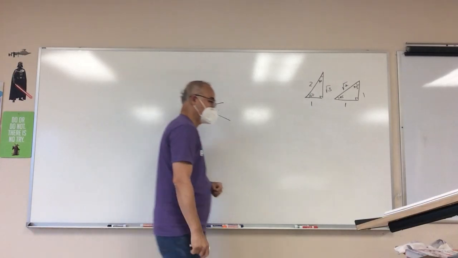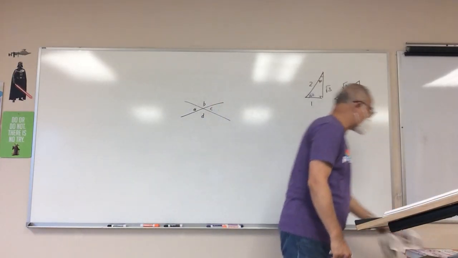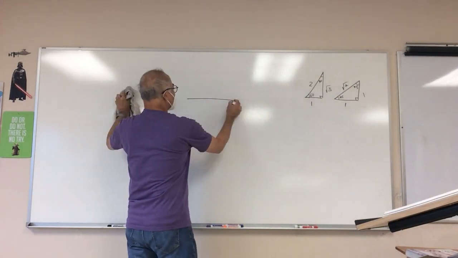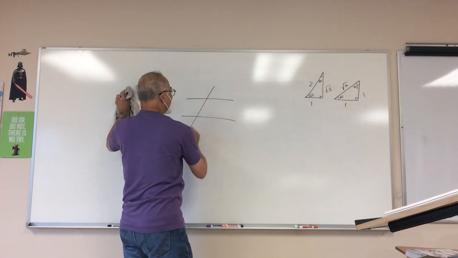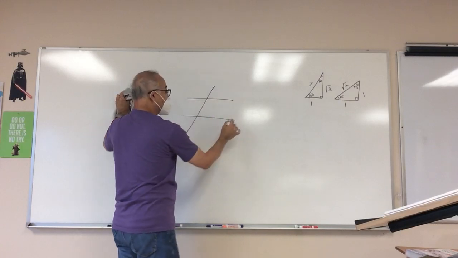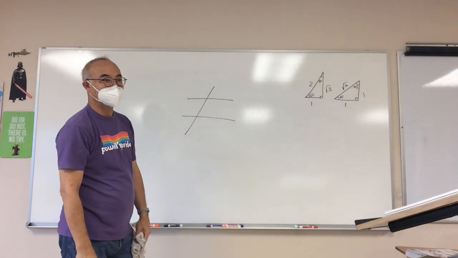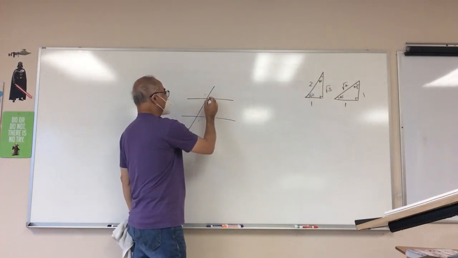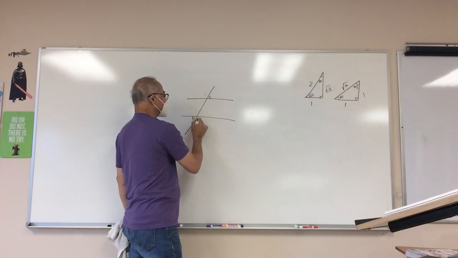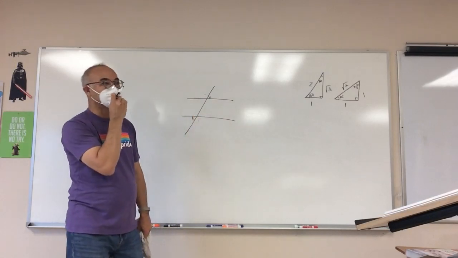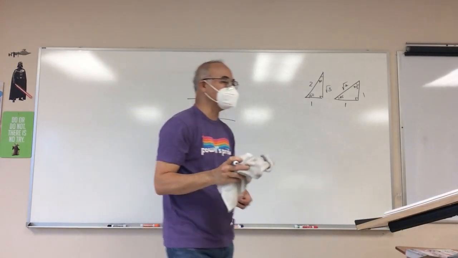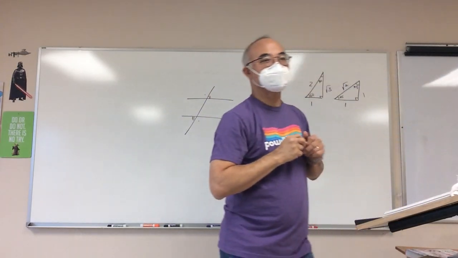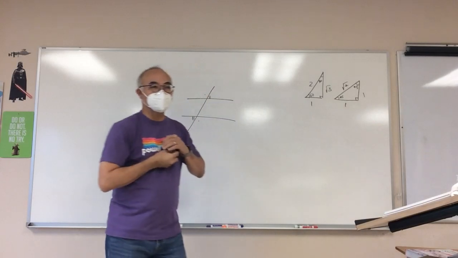As long as we're on this journey, let's go ahead and figure out the one that we were always drilled in. These two lines are parallel. You remember talking about this angle versus this angle. The terms that you learned there were alternate exterior angles and alternate interior angles.